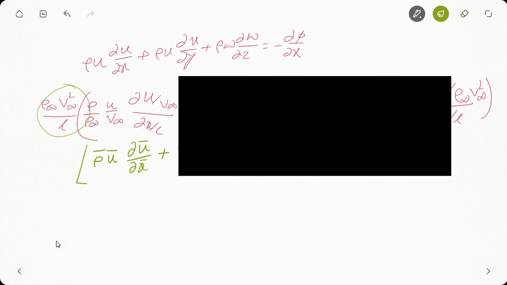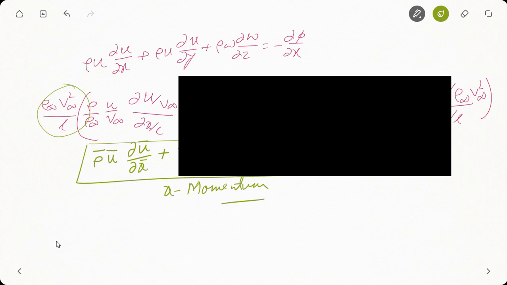Nice equation we got here. This is our x momentum equation only. A similar treatment we can do for the y momentum as well as the z momentum.